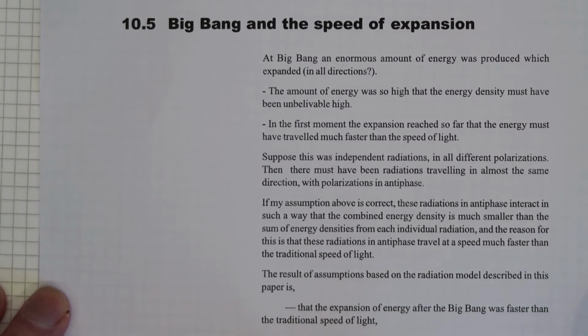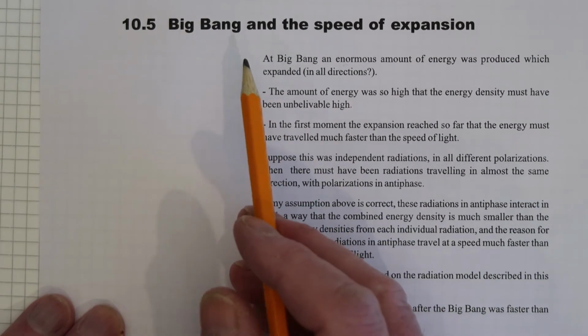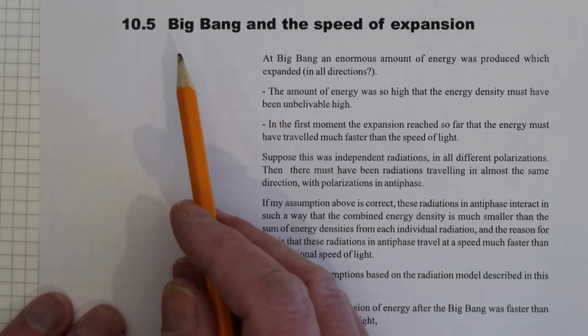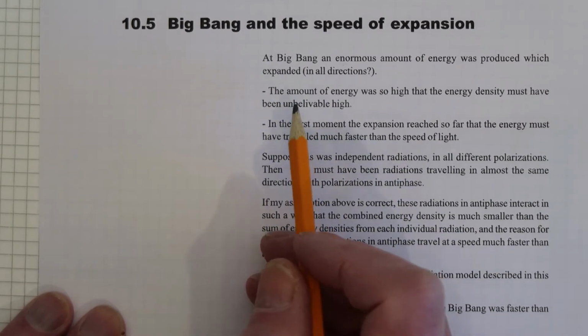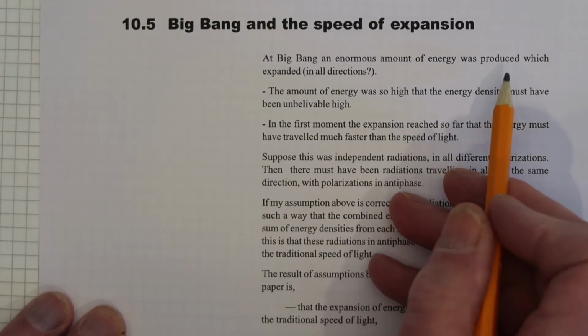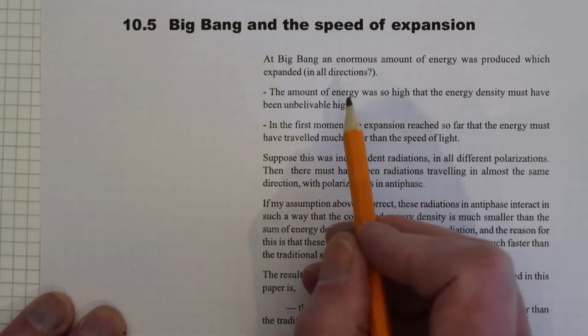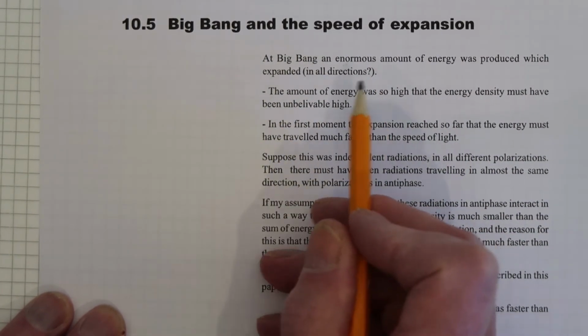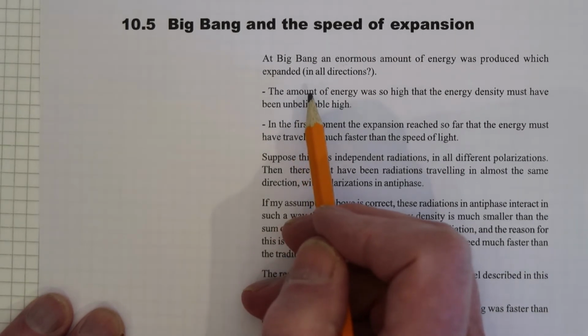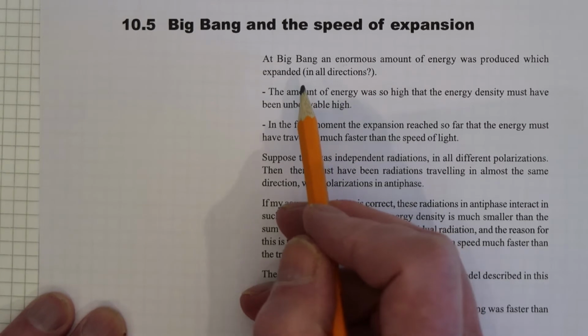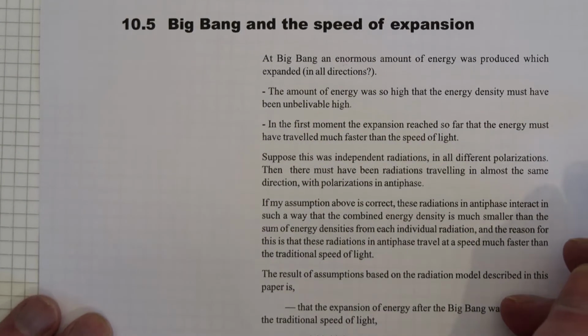And this is also an explanation of what is happening just after Big Bang. An enormous amount of energy was produced and expanded in all directions, and it traveled so fast that it traveled at a speed much higher than the speed of light.